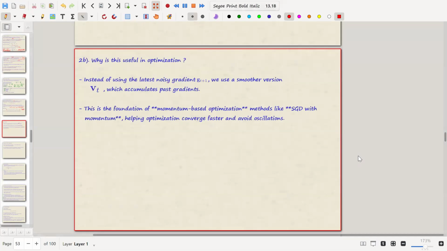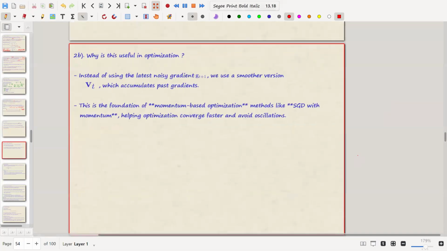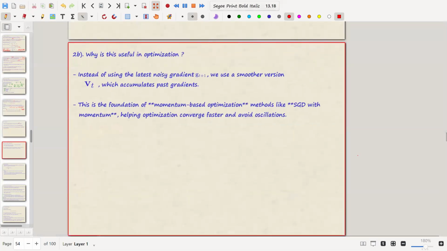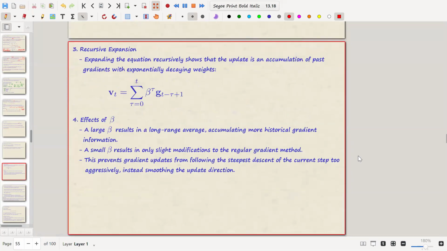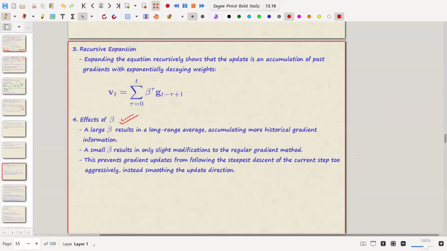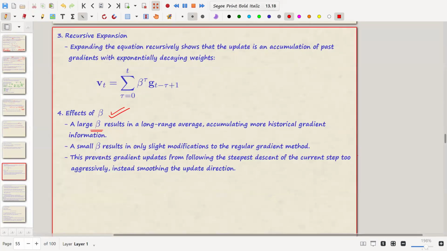Okay, so you know all this. This is all fine. Yes, effect of beta. A large beta will result in a long-range average, accumulating more historical gradient information.